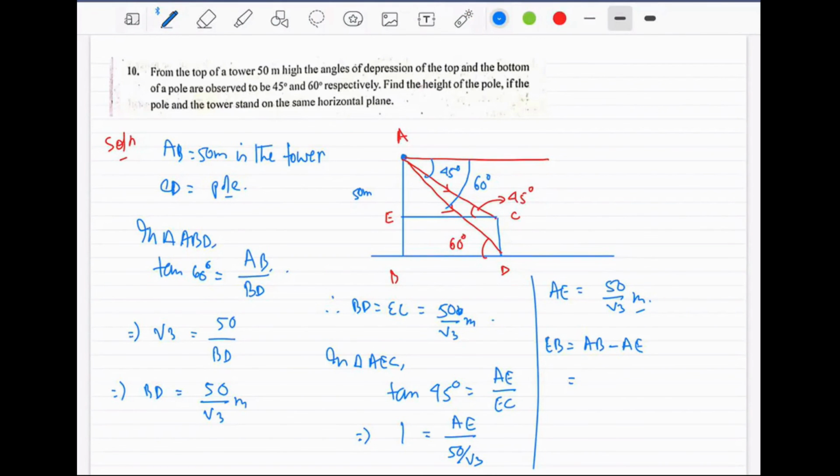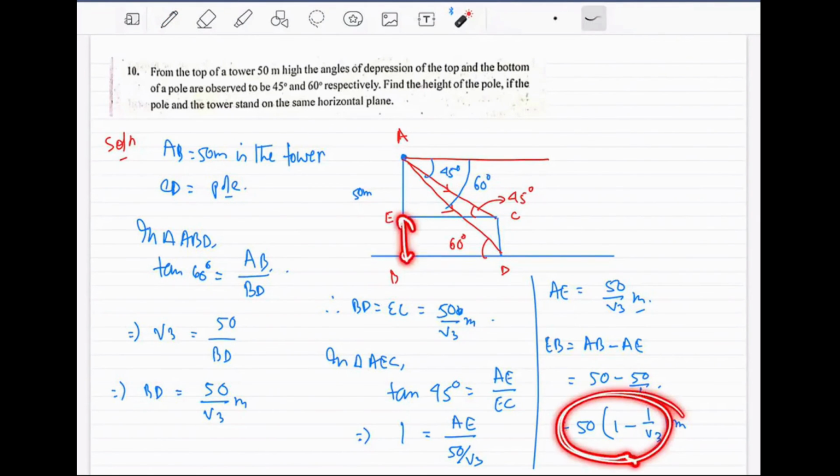So put in the value then. 50 minus 50 by root 3. You can take 50 common factor. 1 minus 1 by root 3. You can stop here or you can do a little bit of rationalization. Let's not do that. So EB is how much? This is 50 whole 1 minus 1 by root 3.